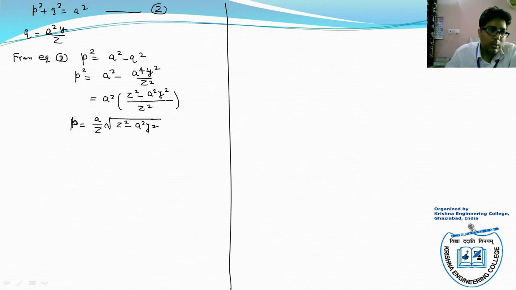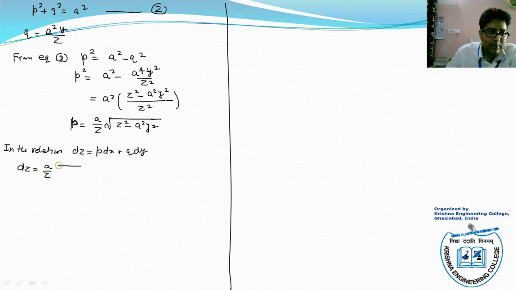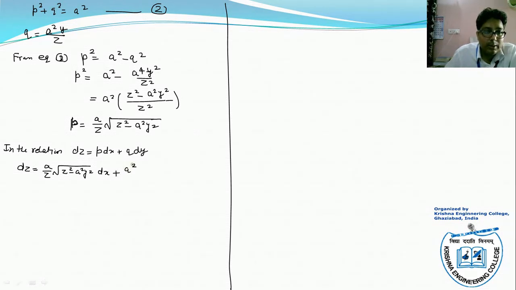Now put these values in the relation dz is equal to p dx plus q dy, right? Then dz is equal to a by z under root z square minus a square y square into dx plus q, where the value of q is a square y upon z, into dy.